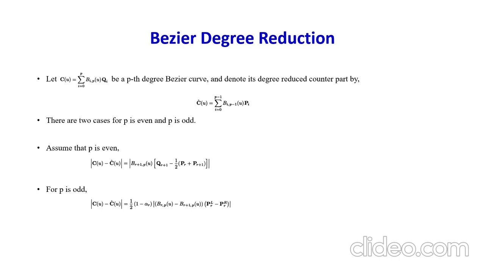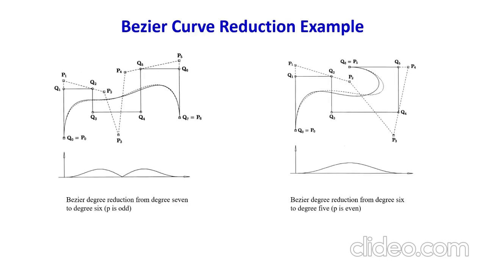There are 2 cases for p, that is even and odd. You can see the formulation for the p is even case and the p is odd case. So this is one of the examples for the p is odd and p is even case.